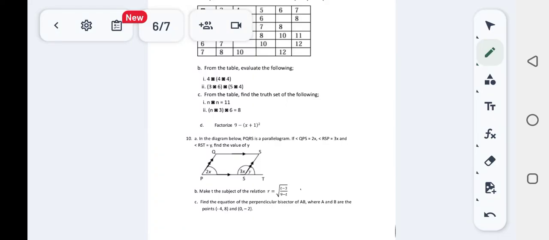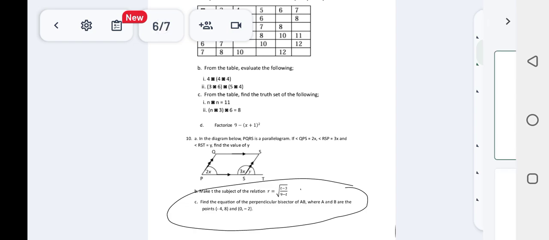Question number 10C: we want to find the equation of the perpendicular bisector of AB, where A and B are the points (-4, 8) and (0, -2). So let's go to the new sheet.